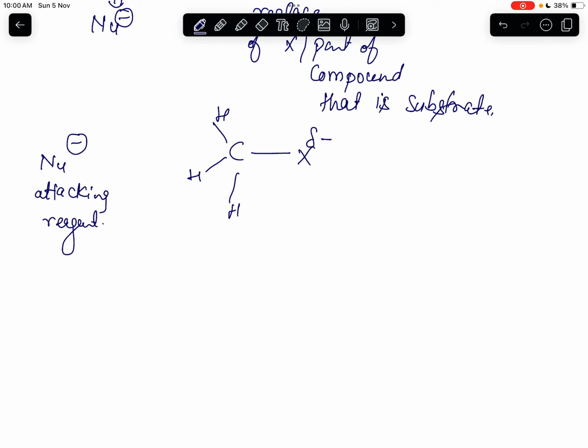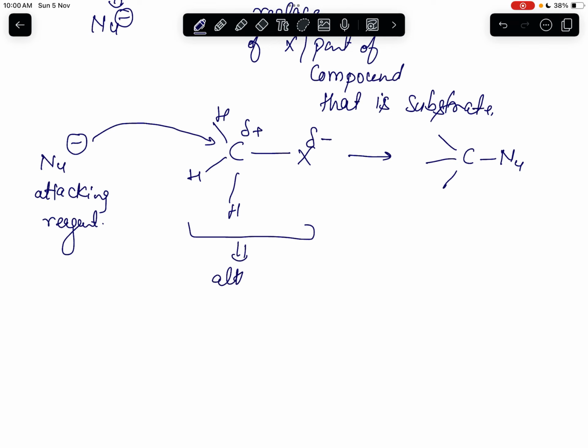That's why positive charge is generated on the carbon as the nucleophile approaches. So the C-X bond will break and a new carbon-nucleophile bond will form. Here the substrate is the alkyl halide.